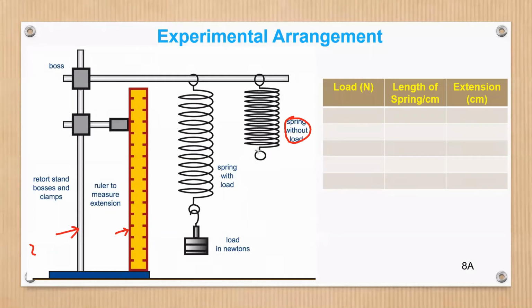We can find the length of the spring by using the ruler in centimeters. That is the original length of the spring. We can record the original length of the spring, say 15 centimeters. And after adding the load, the spring is going to stretch.